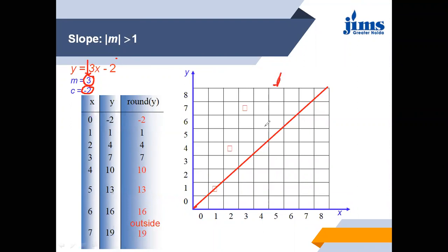So when a line is in this region, then the value of y is increasing unitly. Unitly means one at a time, and we have to find out the value of x.